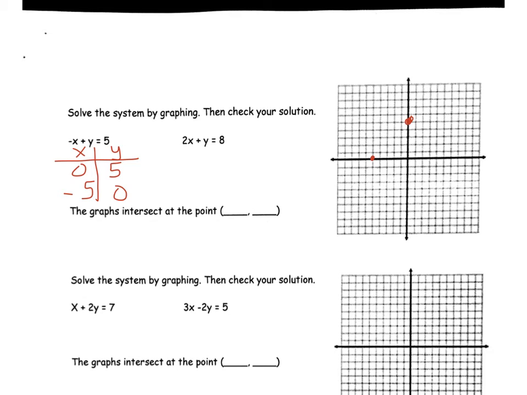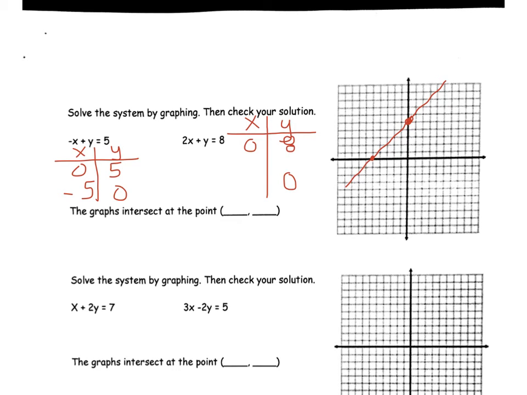So that's really, really nice. And here, a teeny tiny table again. When you put in 0 for X, your Y is 8.